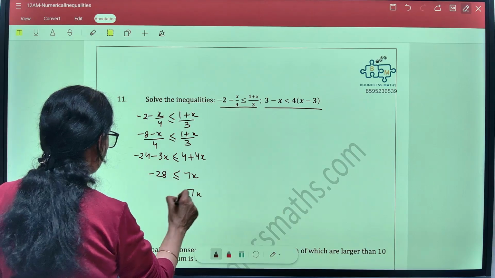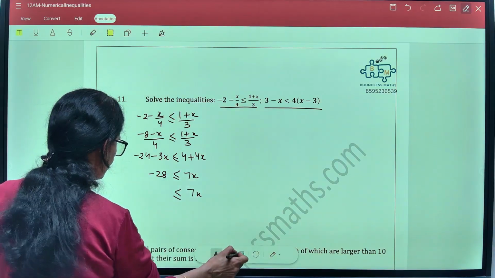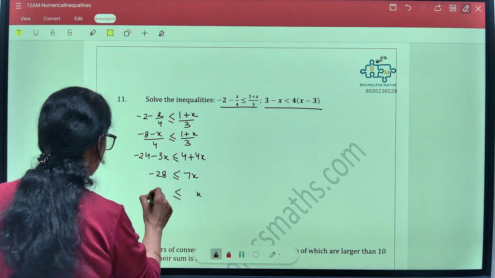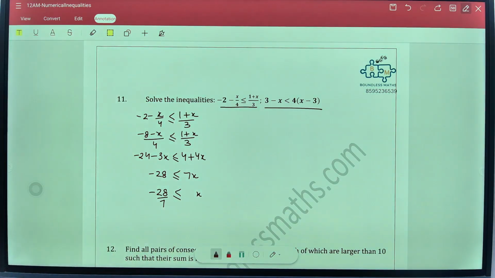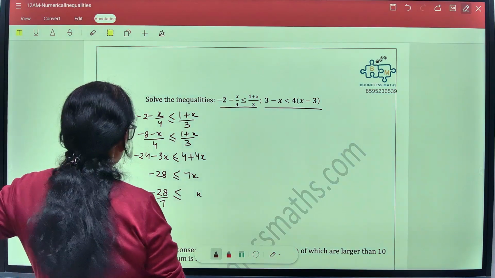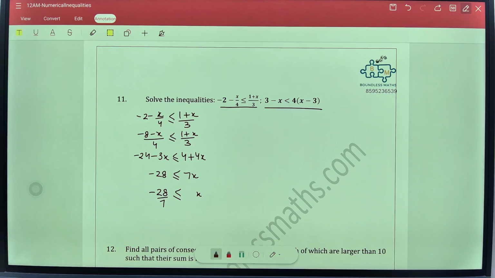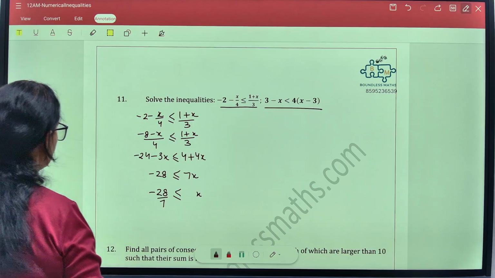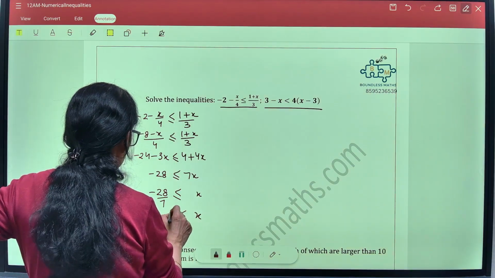So that means 7x is greater than or equal to minus 28. So let's bring this 7 to the other side. It becomes minus 28 by 7. So x is greater than or equal to minus 4. Let's just have a look at it and see if we have solved it correctly. Minus 28 and, okay. So x is greater than or equal to minus 4.